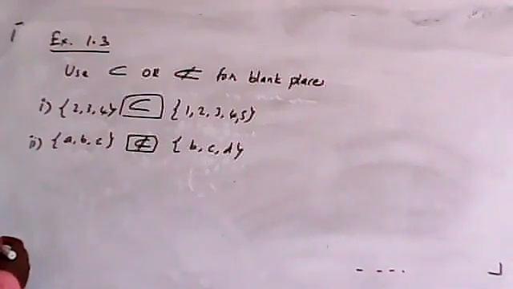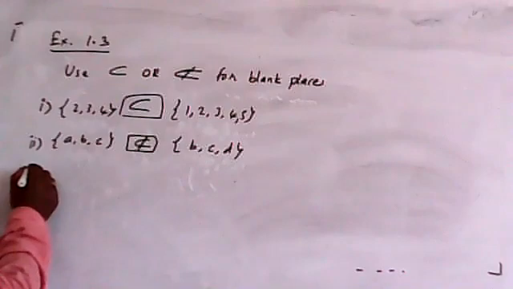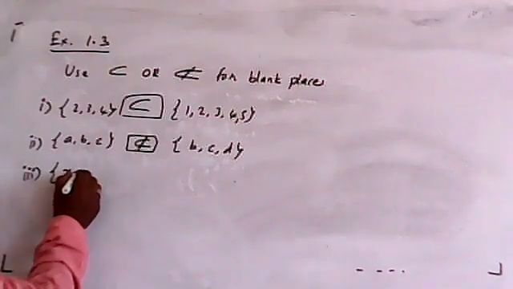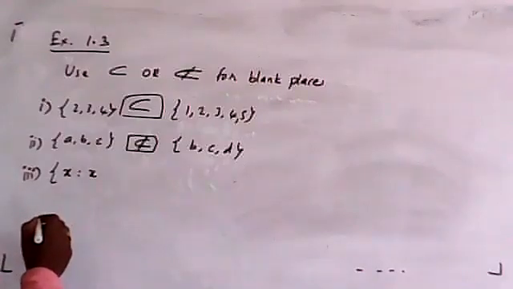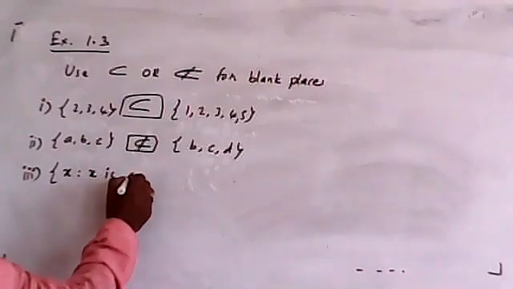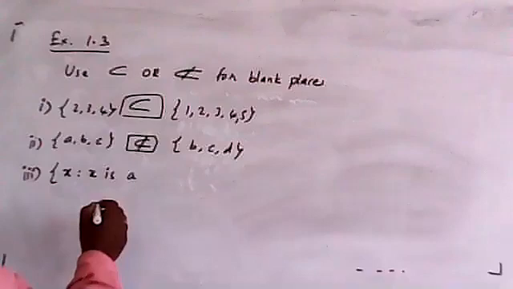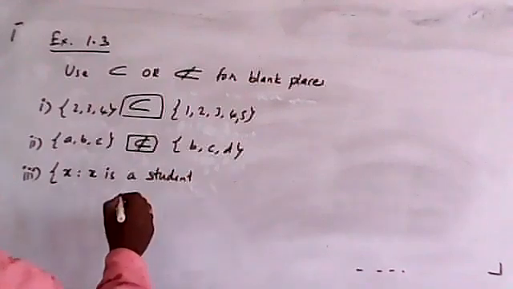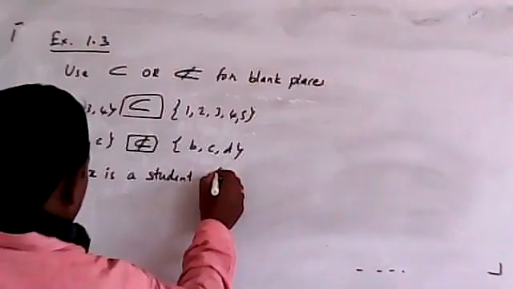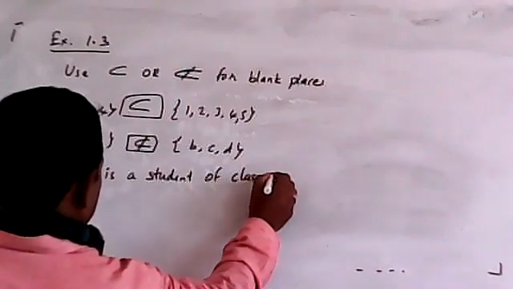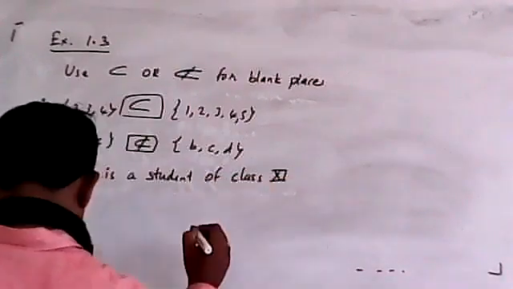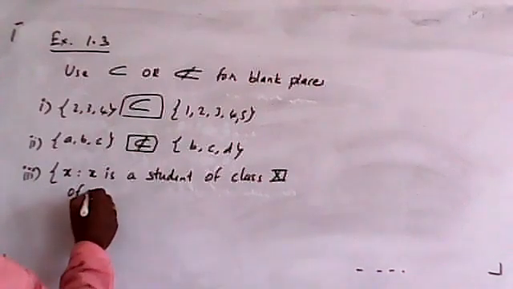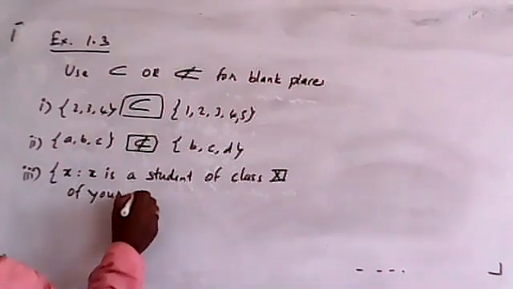Third question. There is a set of all x such that x is a student of class 11, but he is of your school only.